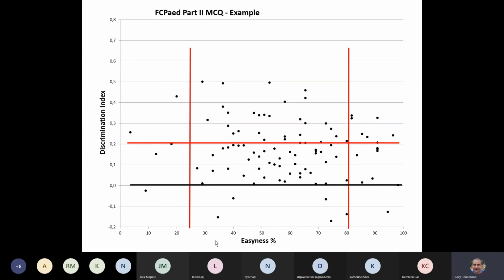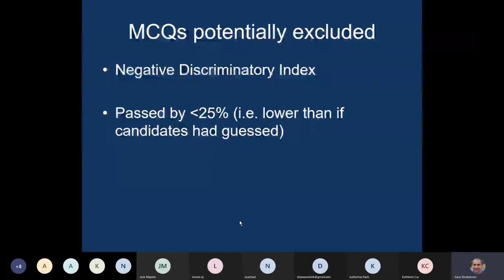So what happens after this is that the MCQs are looked at and potentially some are excluded. The ones that are particularly looked at for possible exclusion are those with negative DIs and those with very low easiness indices.